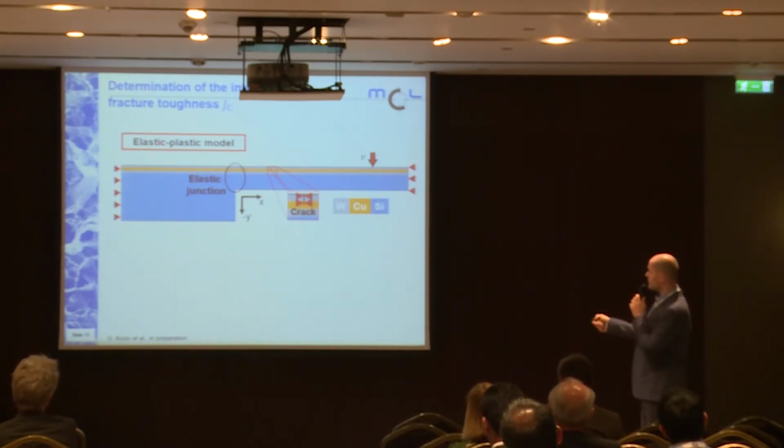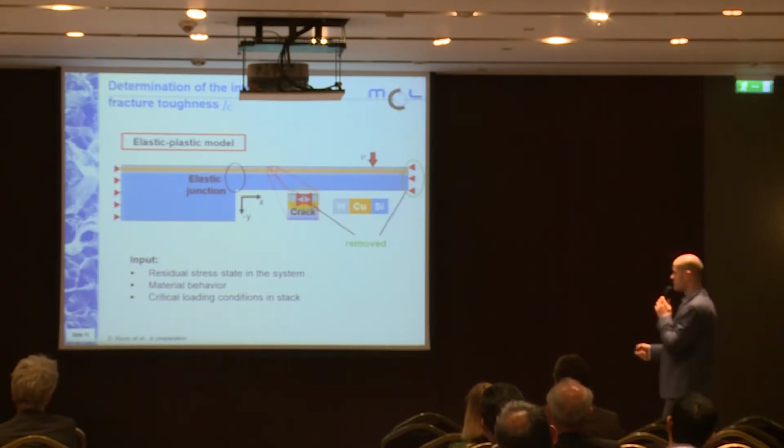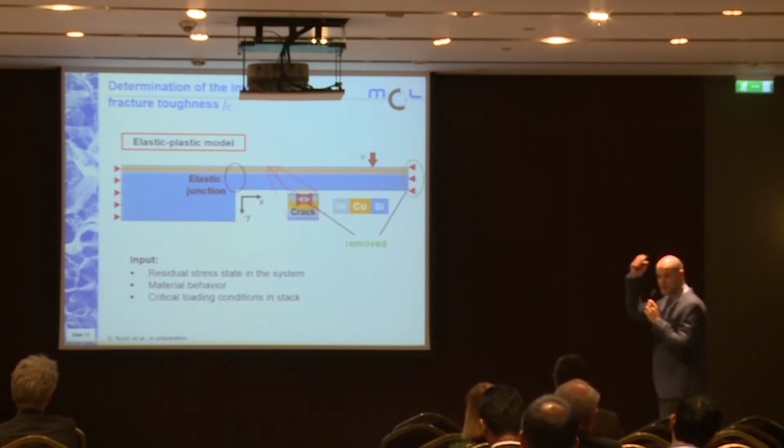We built an elastic-plastic model of a microcantilever bending beam and loaded it with a constant load V. What we need as input for this model are the residual stresses in the system, the material behavior, and the critical loading conditions in this stack.